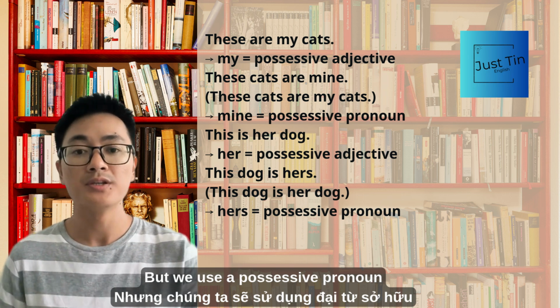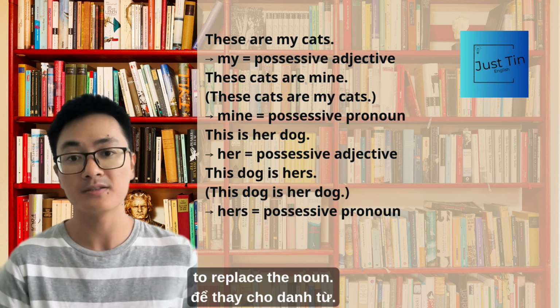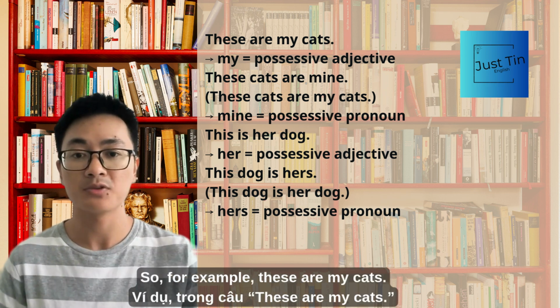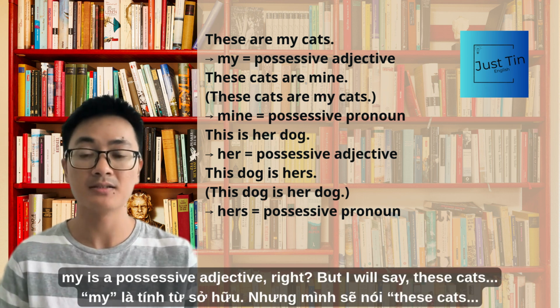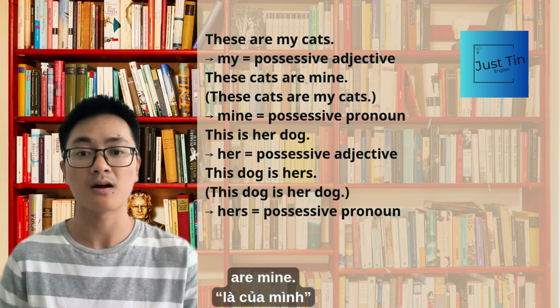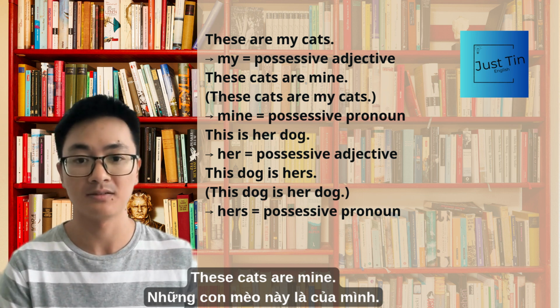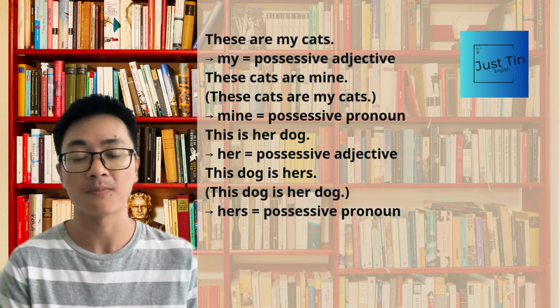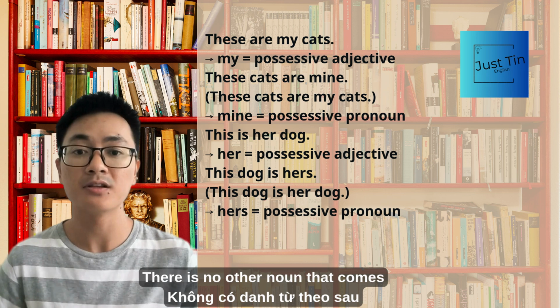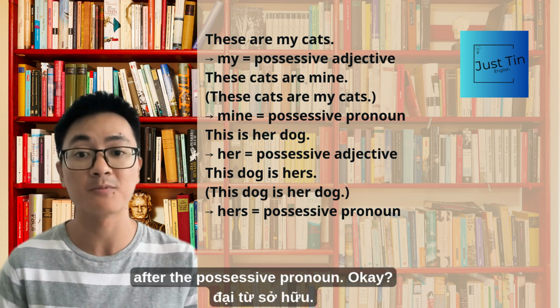But we use a possessive pronoun to replace the noun. So for example, these are my cats. My is a possessive adjective, right? But I will say these cats are mine. So mine is a possessive pronoun. There is no other noun that comes after the possessive pronoun.